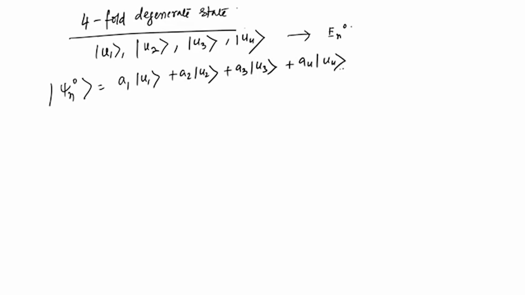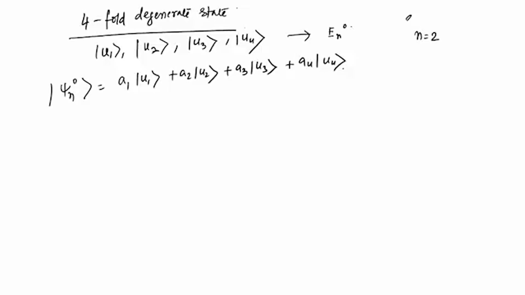It is almost obvious that you have this four-fold degenerate problem. So, we will have four different energy corrections. It may lift the degeneracy completely, or partially, or it may not lift the degeneracy at all. Say we are talking about n equal to 2 of the hydrogen atom. This is an example. Without including the spin degeneracy, this is 4-fold degenerate, and we are really talking about that. So, all these n equal to 2 states of the hydrogen atom would have a structure like this. They all correspond to the same energy.